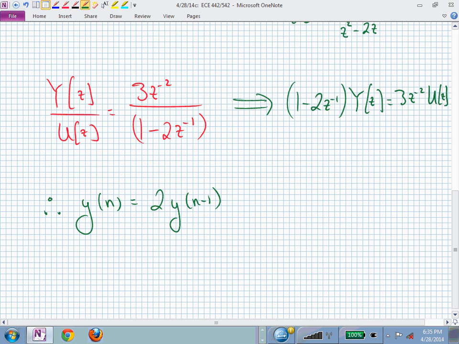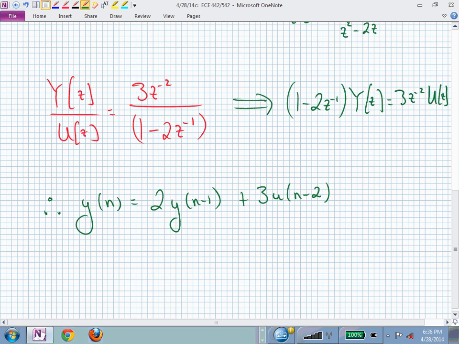and then what? Plus an input term, isn't it? And where is that input in time? Two time steps before our most recent output, isn't it?